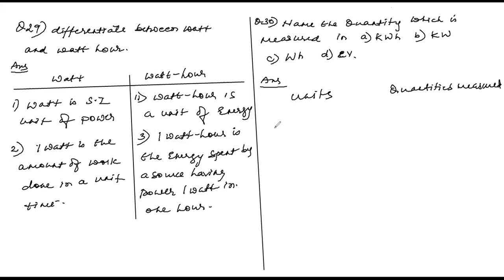Like the first one, A1, what is it? Kilowatt hour. I think this is energy, because it is a commercial unit of energy, kilowatt hour. Now B1, kilowatt, it is power, a higher unit of power. Got it? Now again, watt hour is again energy.